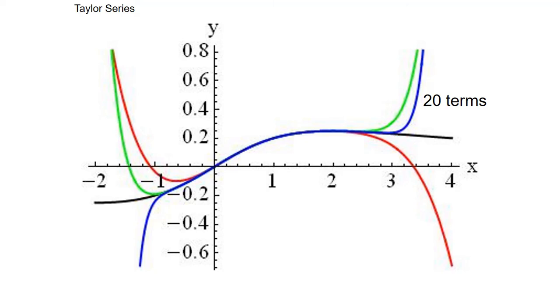But once we go past minus 1 or 3, it almost seems like the higher order we use, the more rapidly it diverges. And indeed, we are talking about a convergent series for the parts here, but divergent here. We actually have a radius of convergence for this series of just a little bit greater than 2.